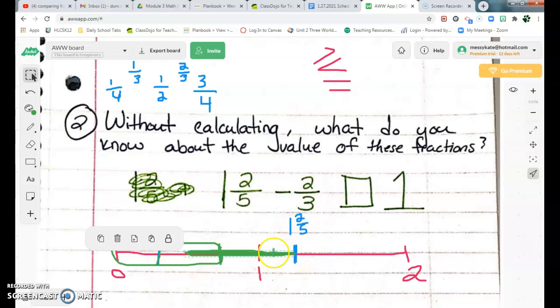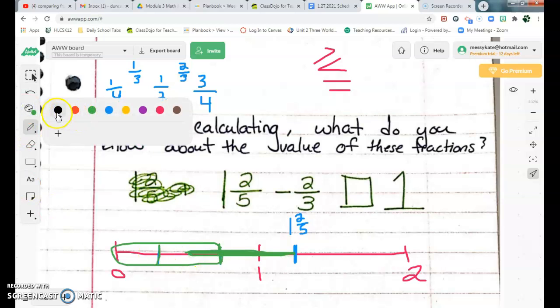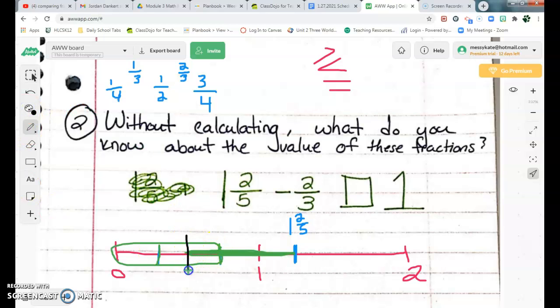If I were to take all of that away, I'd land right in this area, which is less than 1 whole. So that tells me that 1 2/5 minus 2/3 is going to be less than 1 whole. Again, I'm just drawing that in my head visually.